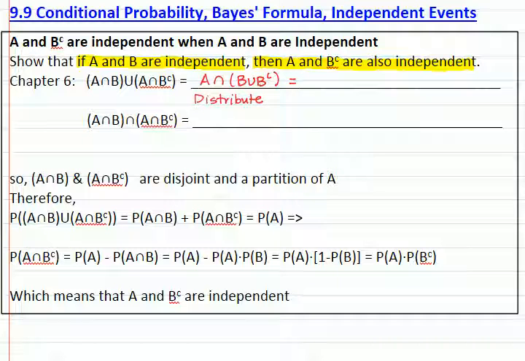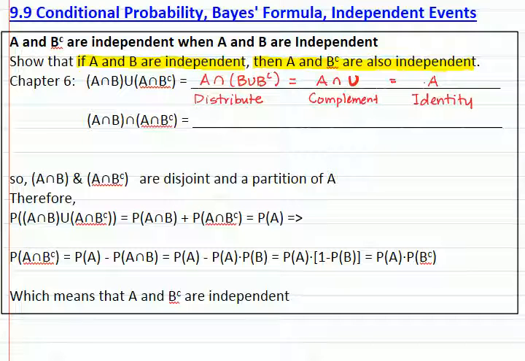Then I use the complement laws to say that B union B complement is the universal set, and then the identity law to say that A intersection U is A.